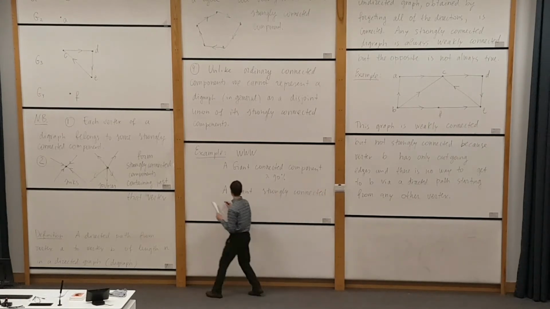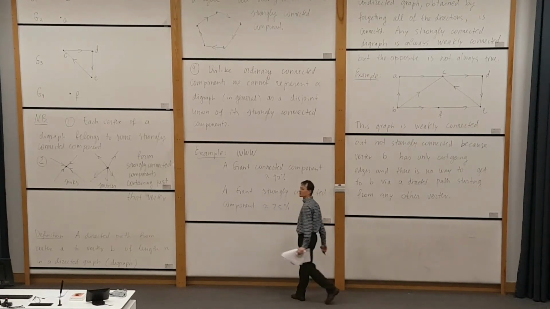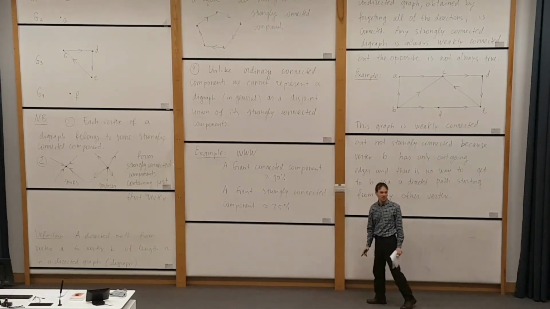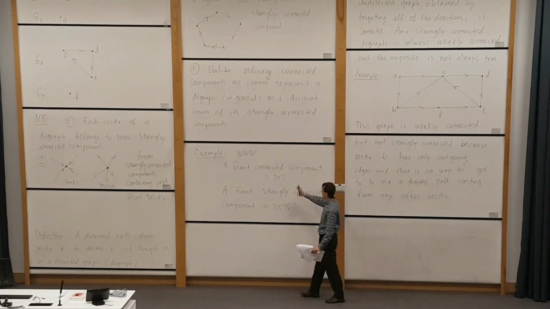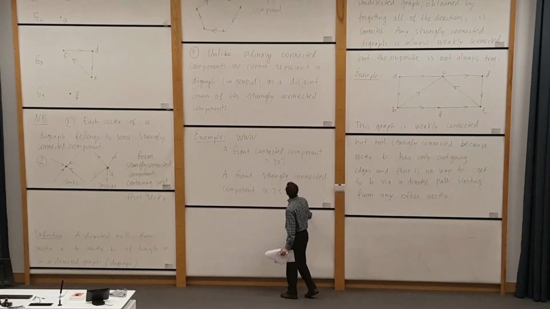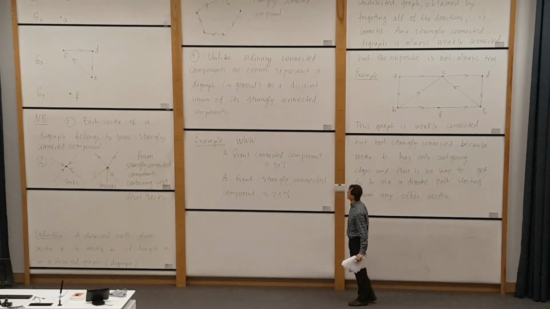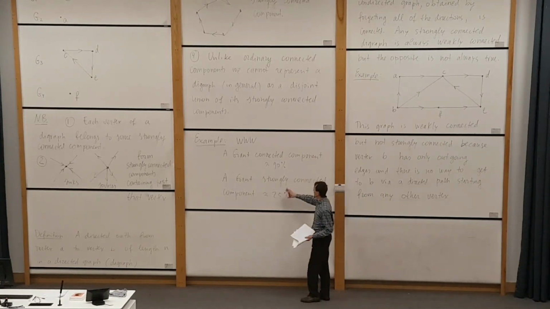These numbers fluctuate year upon year, so it's just a reference average situation. It always has this giant connected and giant strongly connected component, and the giant strongly connected one is always smaller.